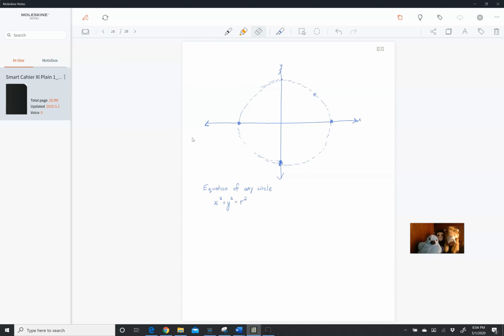That's because if we take any point x comma y and we create a right triangle, and we're going to be doing a lot with right triangles inside circles, this horizontal distance is x, this vertical distance is y, and the diagonal is r. So we're using the Pythagorean theorem to create a relationship between x and y.